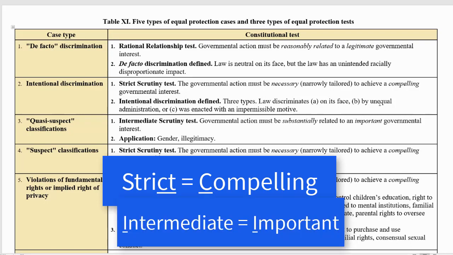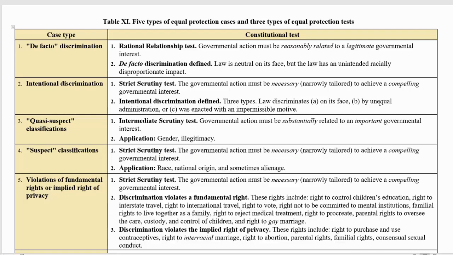And then intermediate has important, right? It's just an easy way to remember. We're looking for an important governmental interest, not a compelling governmental interest. And it's not necessary and narrowly tailored, it's substantially related.